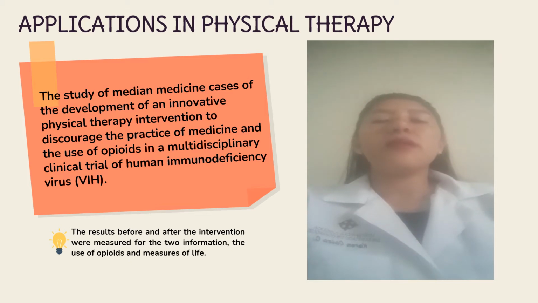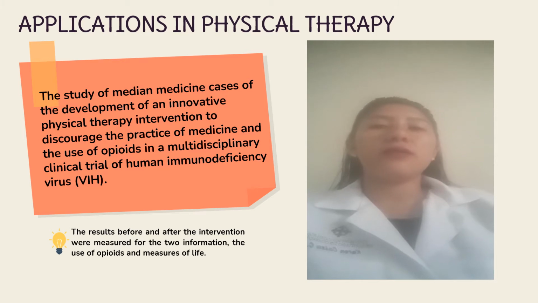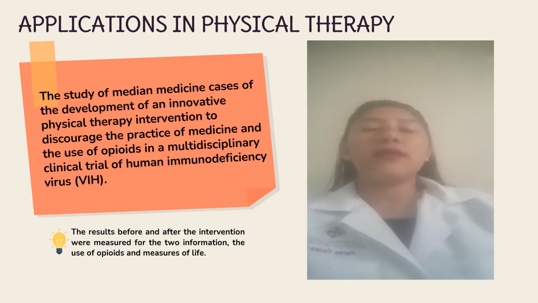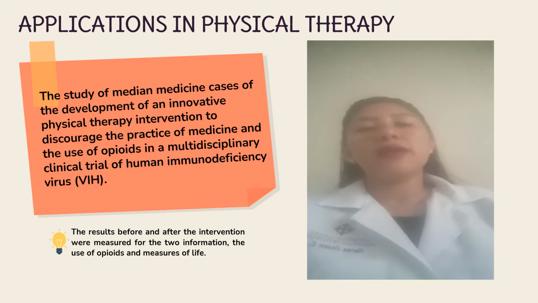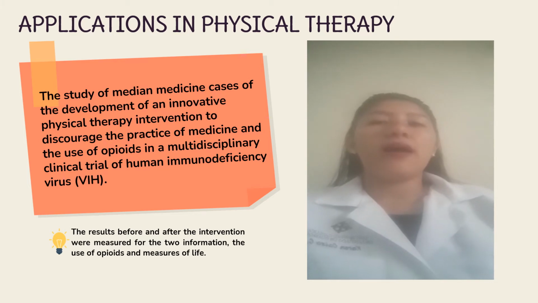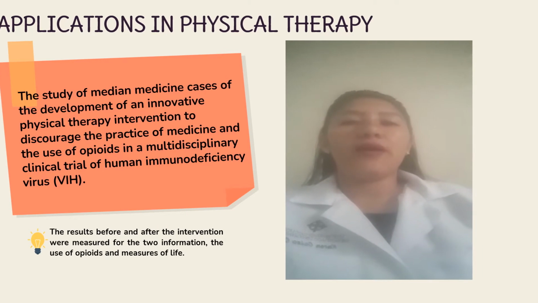The participants received a physiotherapeutic package that consists of manual therapy, eccentric exercise prescription, transcutaneous electrical nerve stimulation, and acupuncture strategy. The results before and after the intervention were measured for the use of opioids and measures of quality of life.